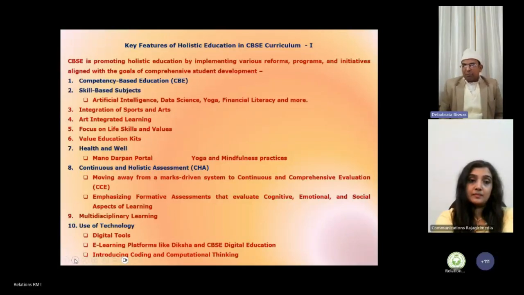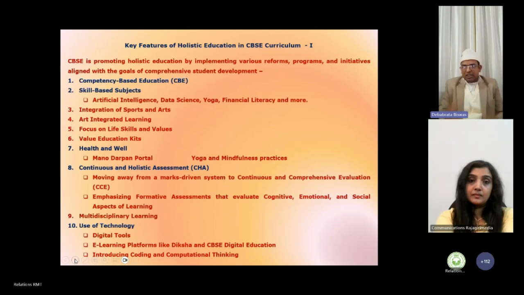Next, what CBSE is doing, the CBSE curriculum for holistic education, competency-based education. We can understand, earlier also, in ancient times also, competency was there. It was much better, but it's decreasing now, deteriorating, degrading.